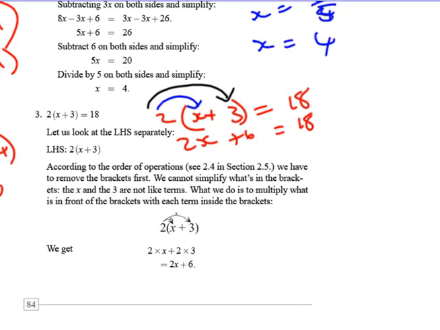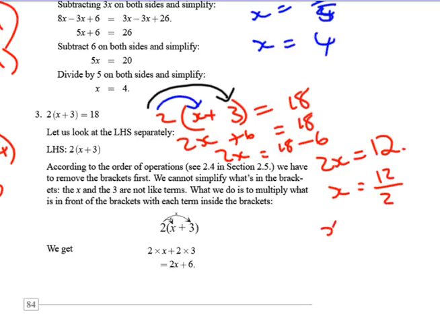Now we're back to what we're familiar with. Bring the numbers to the one side, bring the x's to the other side. So I'm going to keep the 2x where it is, and I'm going to say 18, opposite of adding 6 is subtracting 6. So 2x is equal to 12. Now the 2 is multiplied by the x, so the opposite of multiplication is division, and x equals 6.